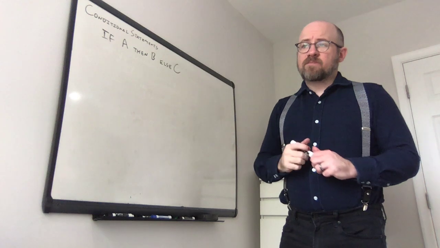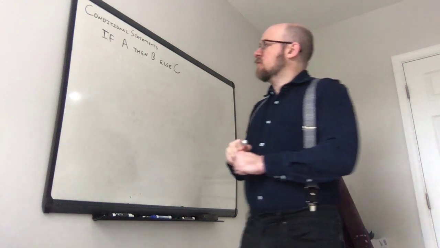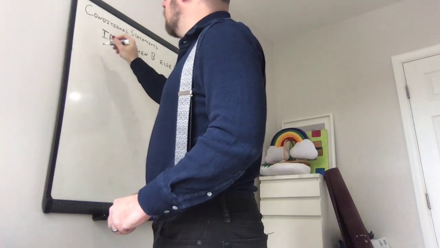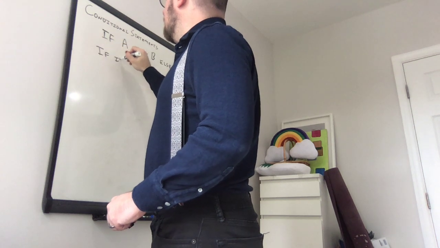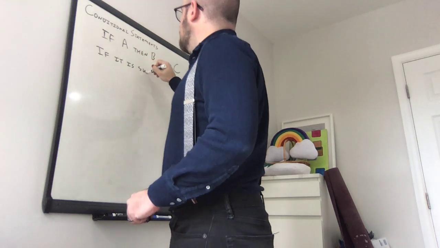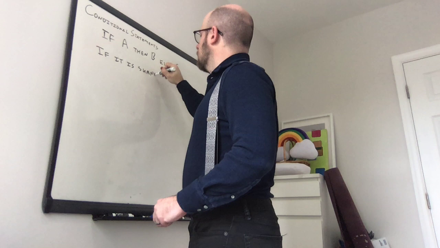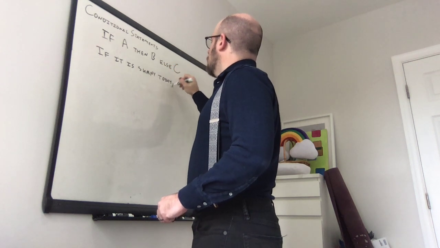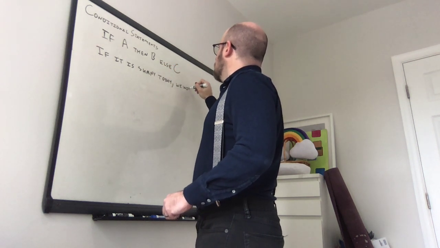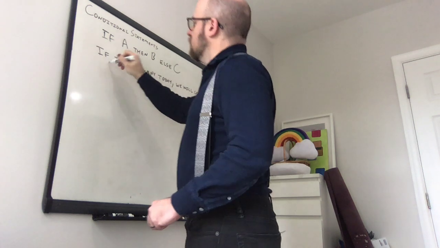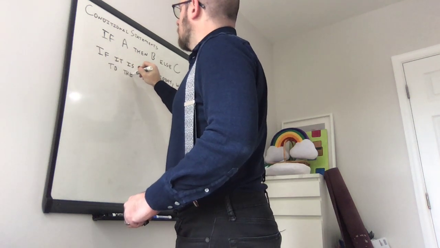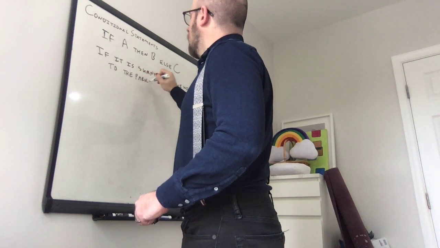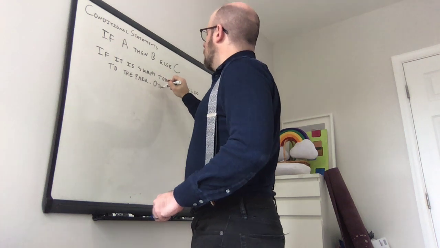You see statements like this all the time. So an example of a statement like this would be, if it is sunny today, we will go to the park. Otherwise, we'll watch a movie.